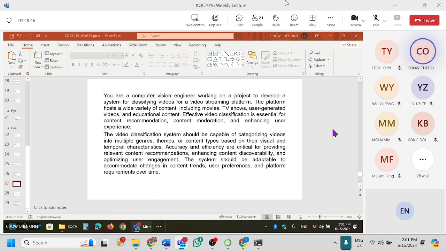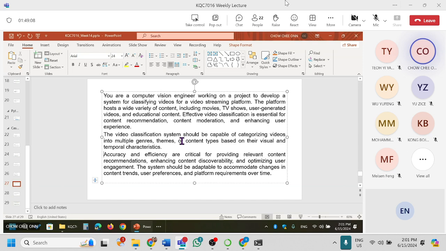Effective video classification is essential for the content. The video classification system should be capable of categorizing a video into multiple genres, themes, and content types based on their visual and temporal characteristics. That is the requirement of the system.